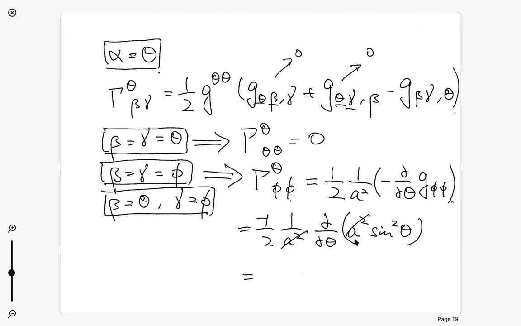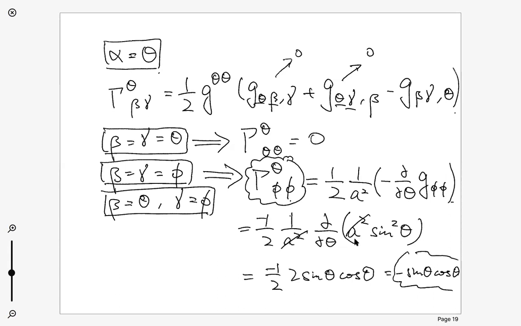This cancels. And then what we have is 2 sine theta cosine theta, equal to minus sine theta cosine theta. So this would be our first non-zero component, theta phi phi.